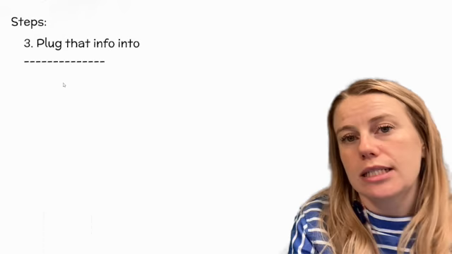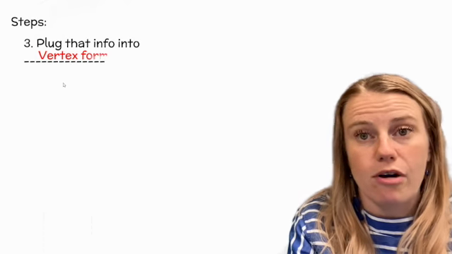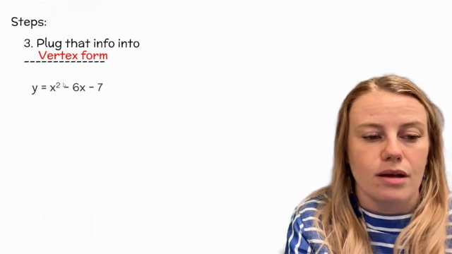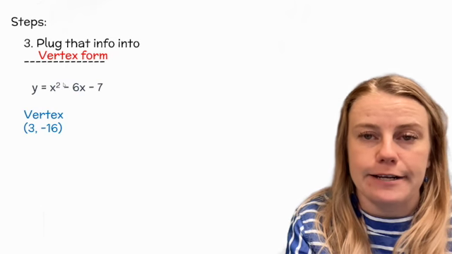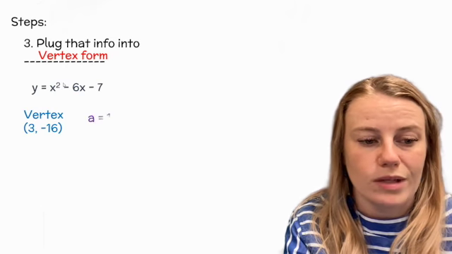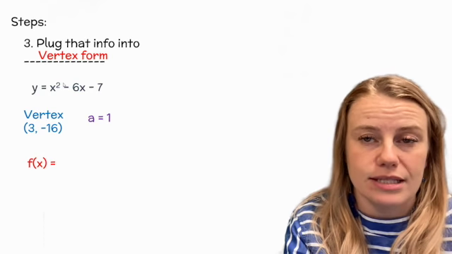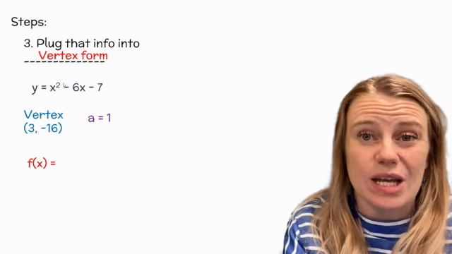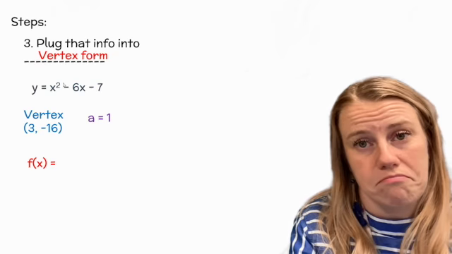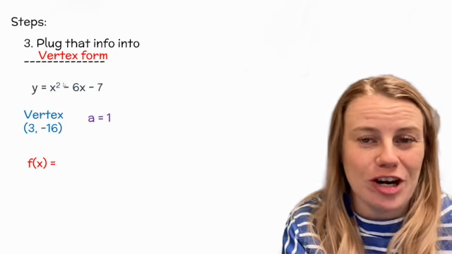Step 3 is plug in our information into vertex form. Now we have all that we need to know. So we got vertex at 3, negative 16. A equals 1. Start plugging that in. F of x equals, what's our a? 1, and it's positive, so nothing's going to go out here for a.